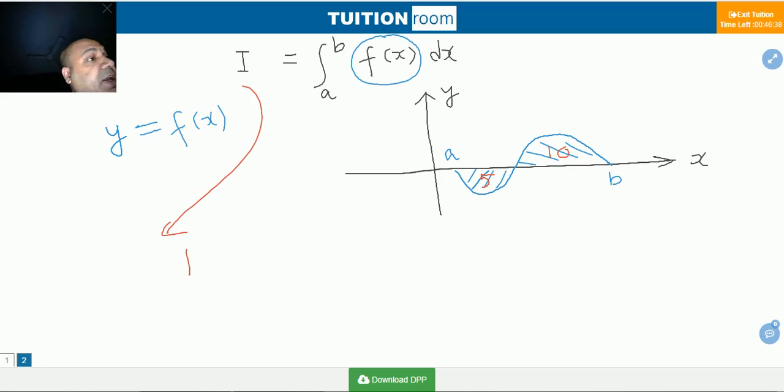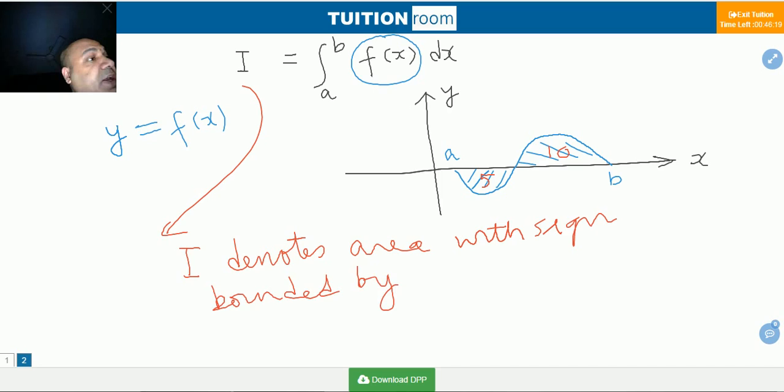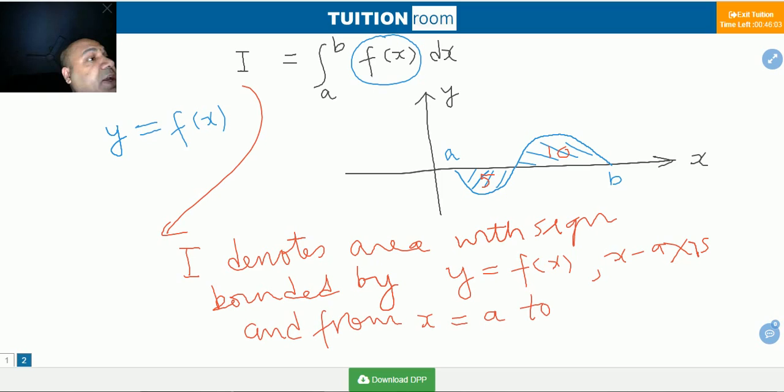Then the integral denotes the area with sign, bounded by y equal to f(x), the x-axis, and from x equal to a to x equal to b.